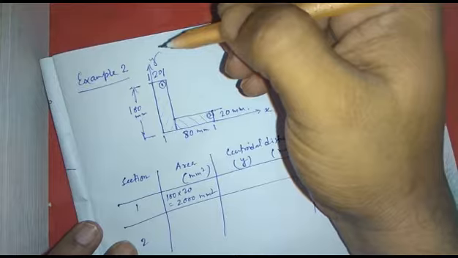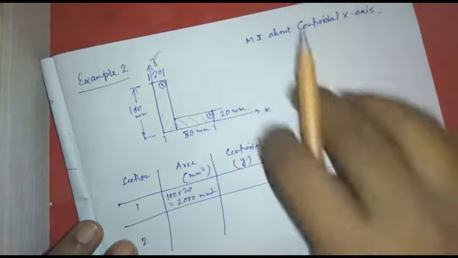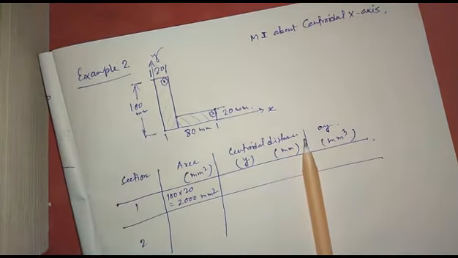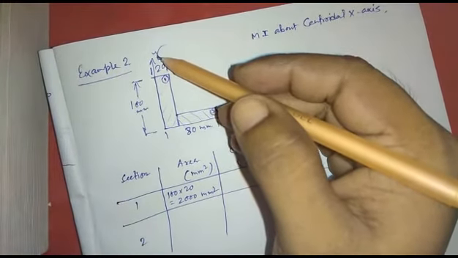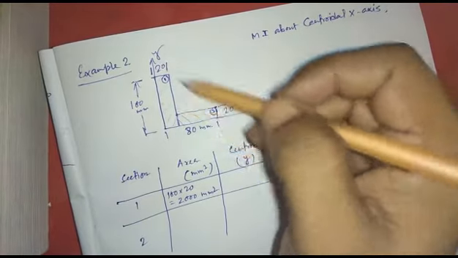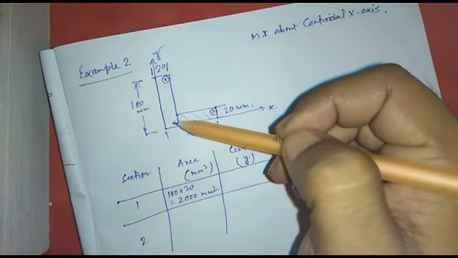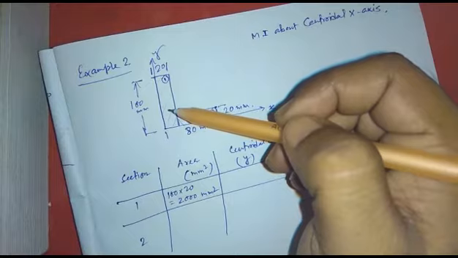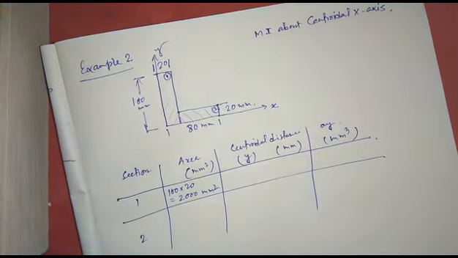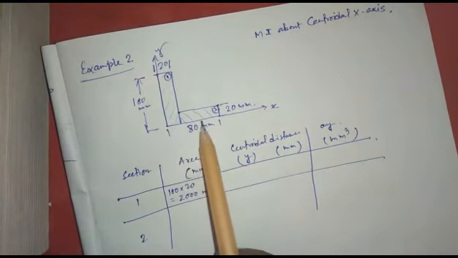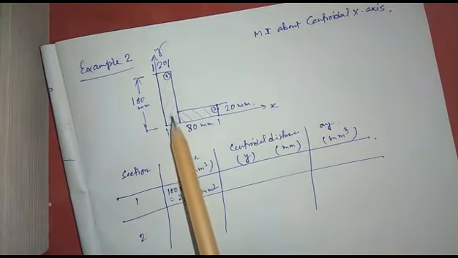Now why have we taken this as x and y? In the previous example we took y as a symmetrical axis because that figure was symmetrical. Now in this diagram this is not a symmetrical axis because the object itself is not symmetrical.